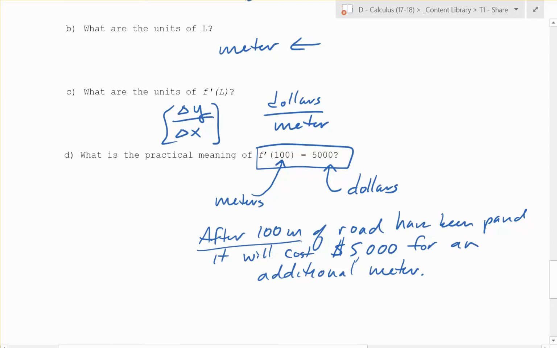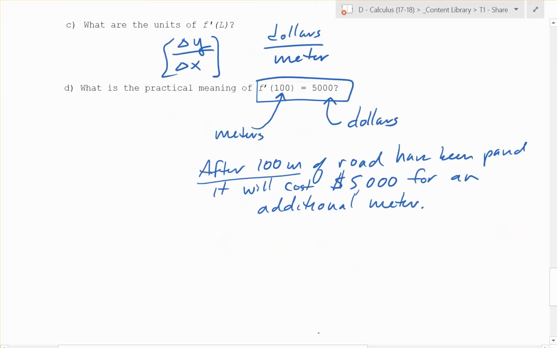Basically what this is saying is that after you've done 100 meters of road, at that instant you can buy an additional meter of road at a rate of $5,000 for an additional meter.